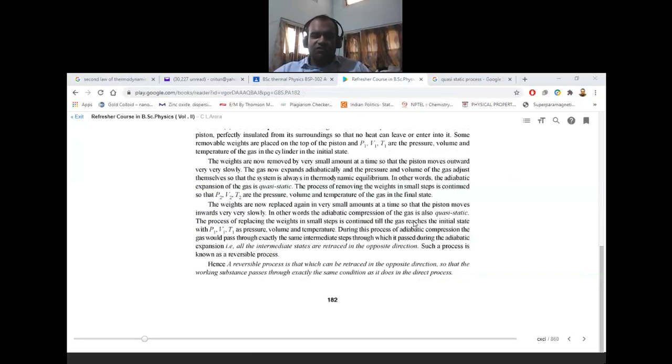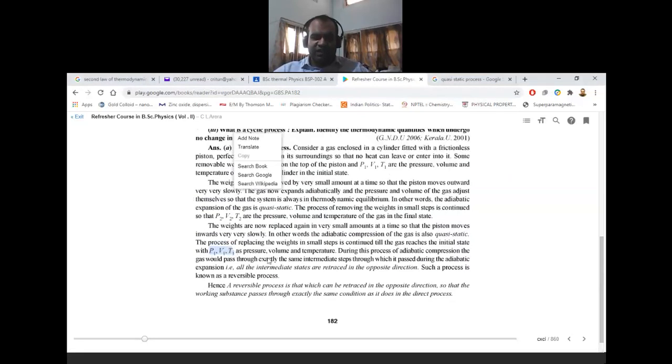The process of replacing the weights in small steps is continued till the gas reaches the initial state P1, V1, T1. So you started putting the weights on the piston, and again the compression of the gas happens, and we get these values of pressure, volume, and temperature P1, V1, and T1.